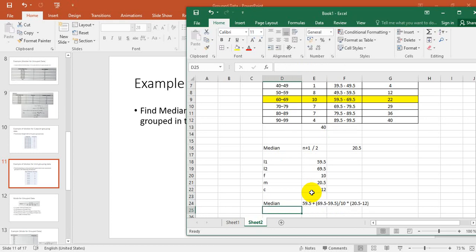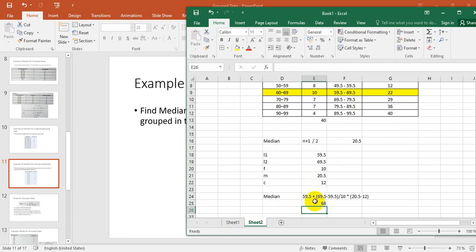Now you can simplify this formula and the solution is 68. So the median score for the given data is 68. Okay, so this is how we find the median.